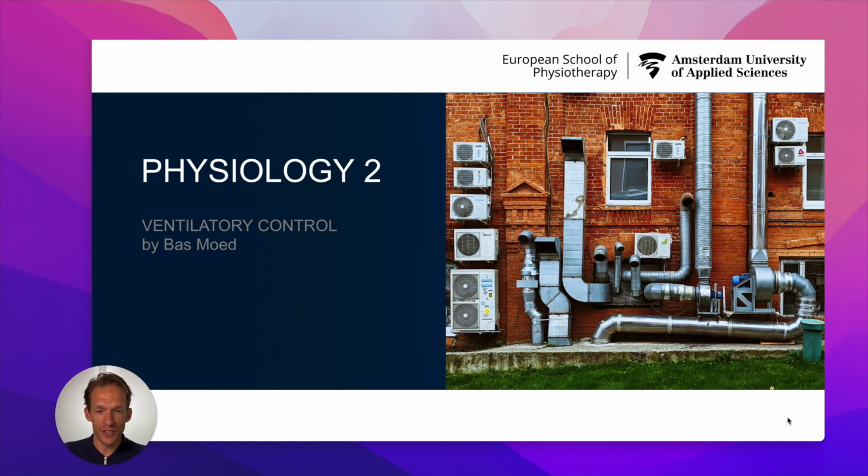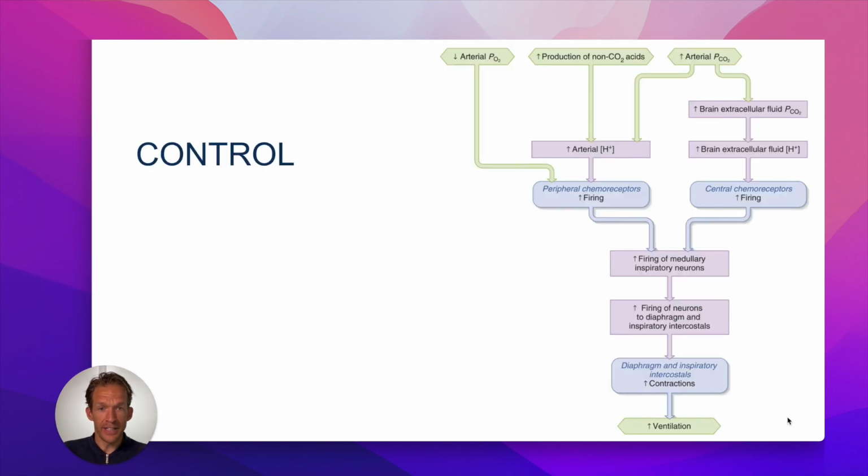As you can see in this image, this video is all about the ventilation and the regulation of the whole process. If you look at this graph, you can see all the different steps in the flow.